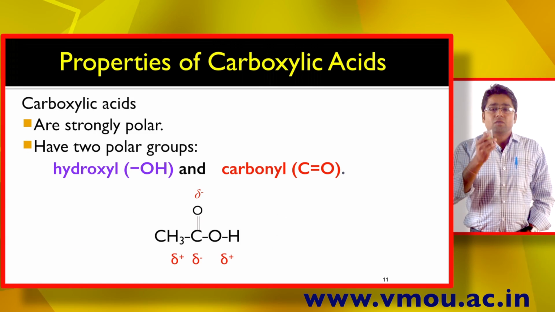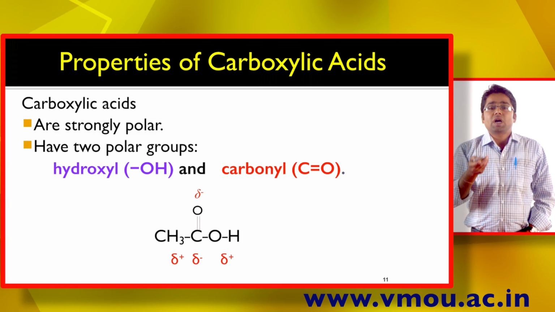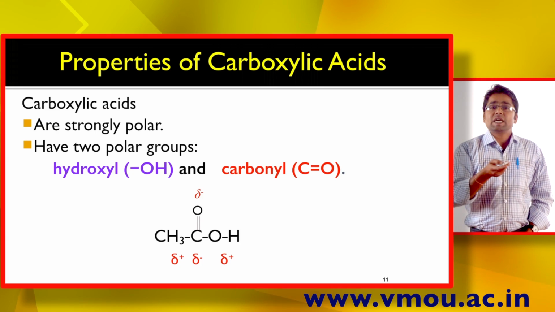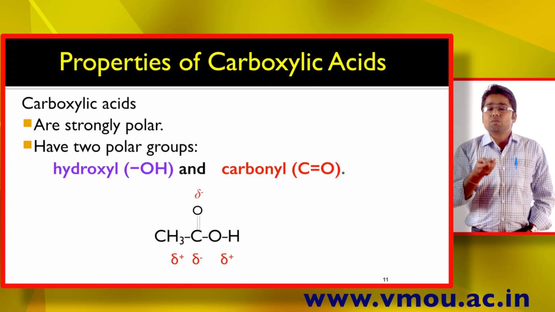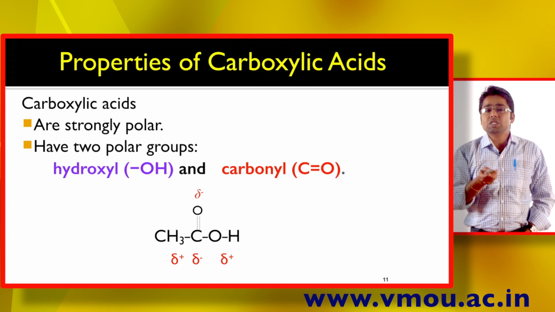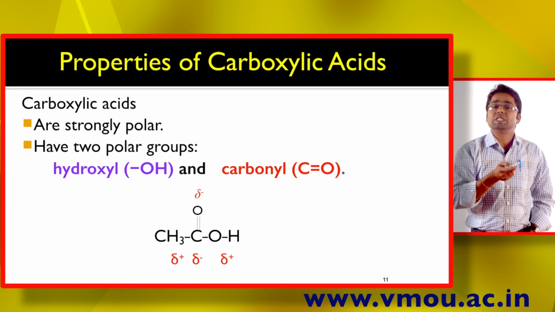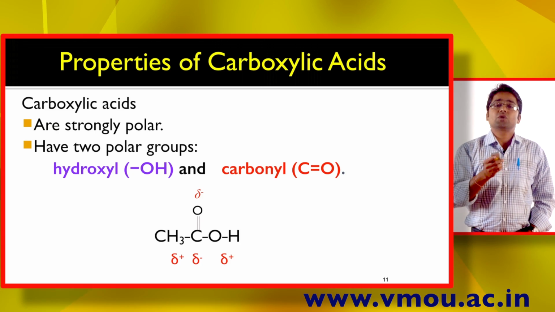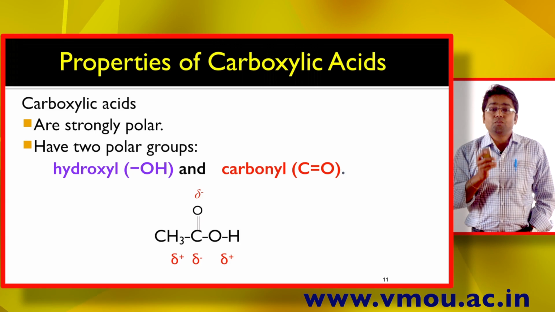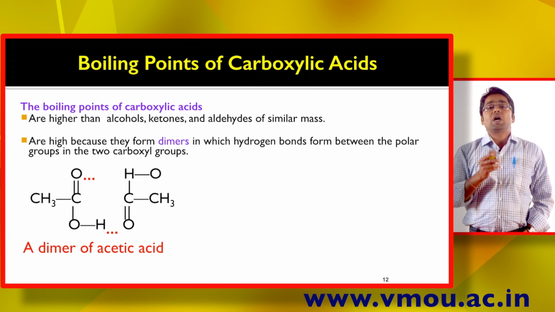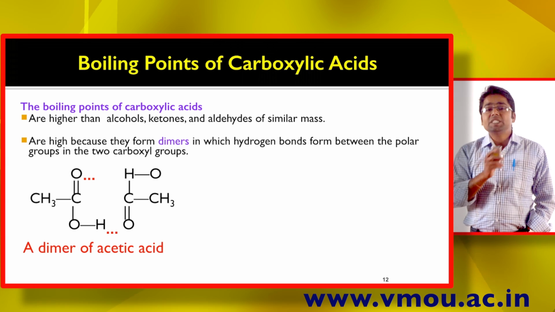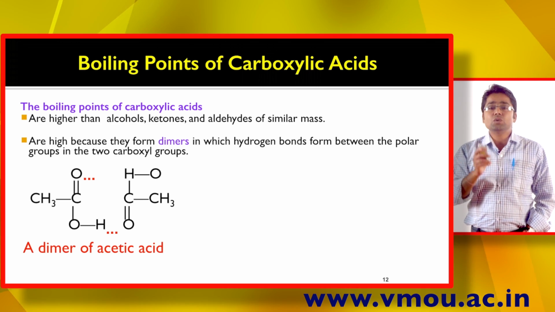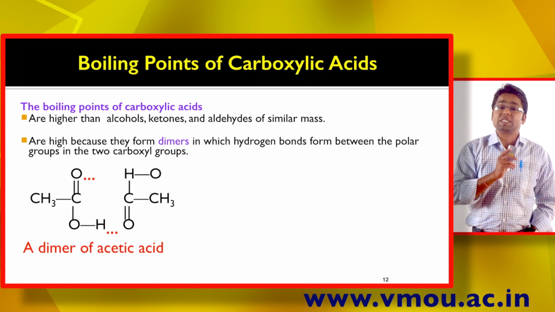Now, what are the basic properties of carboxylic acid? Carboxylic acids are highly polar because the carboxylic group contains two oxygens, and because of the polarity of these oxygens, this group is highly polar. The boiling points of carboxylic acids are much higher than those of alcohols, ketones and aldehydes of similar masses.